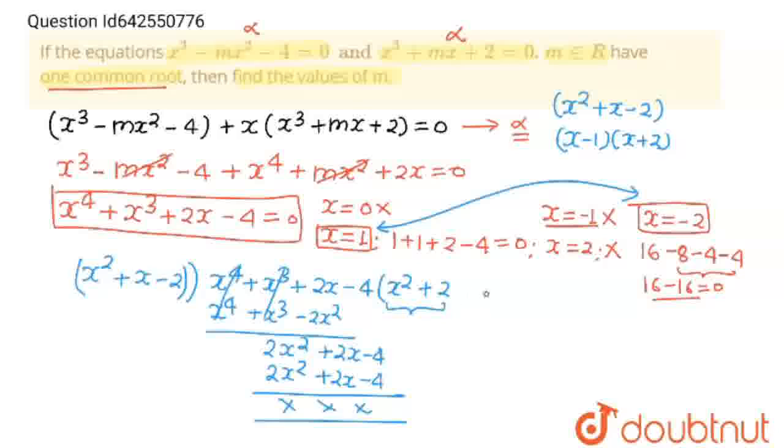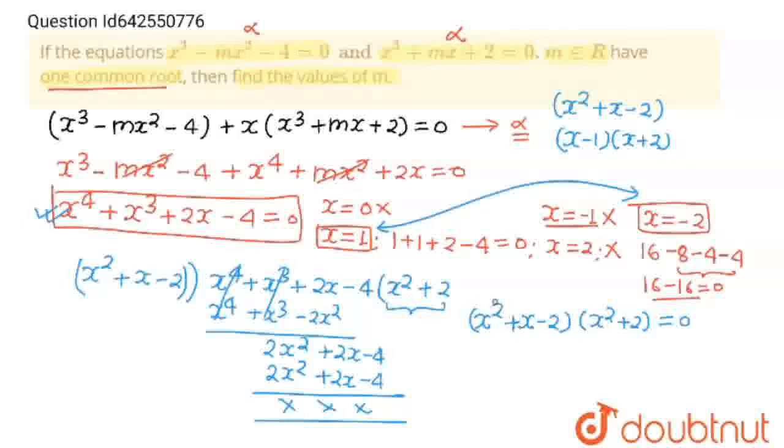So this will become x square plus x minus 2, okay students, into x square plus 2 is equals to 0. And this equation is the same as this equation.